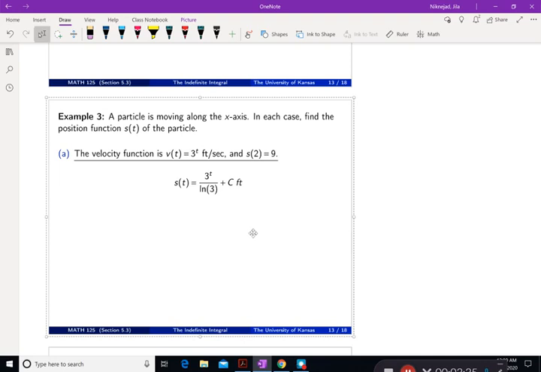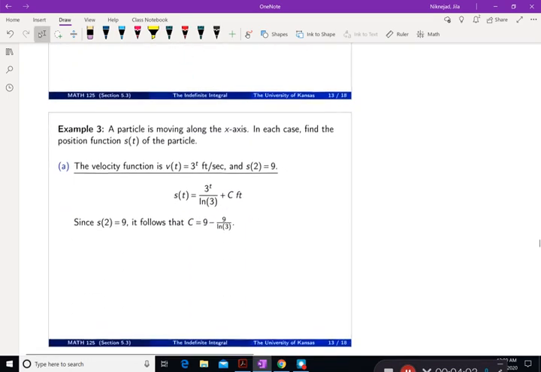So I plug in 2 for t, and for s, I plug in 9. For t, you plug in the input, which is 2, and then the output should be 9. So that's what we do next.